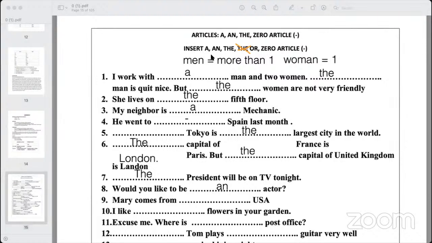Mary comes from the USA. Okay, why is it the? Why will you use the? Any idea?